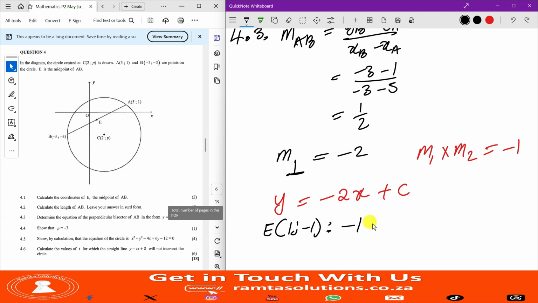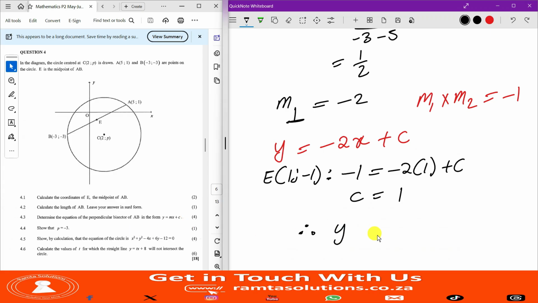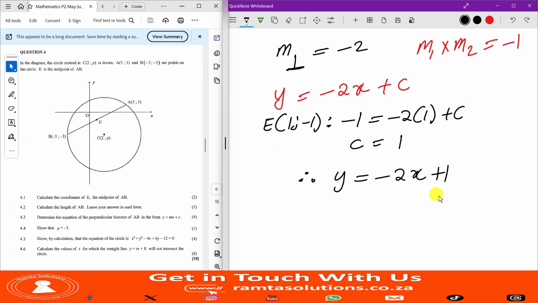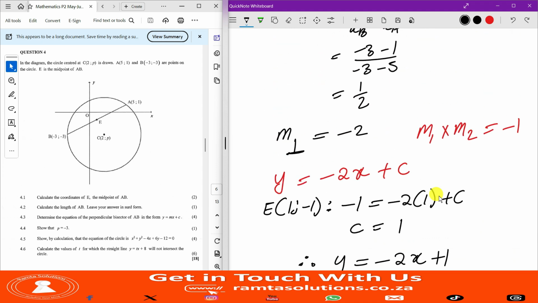So minus 1 equals minus 2 into 1 plus c. Therefore, c is equal to positive 1. In conclusion, the equation of the perpendicular bisector is y equals negative 2x plus 1. Happy? Perfect. So this is how we do it.